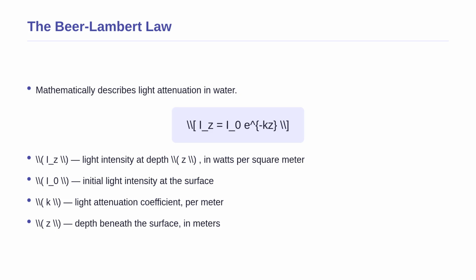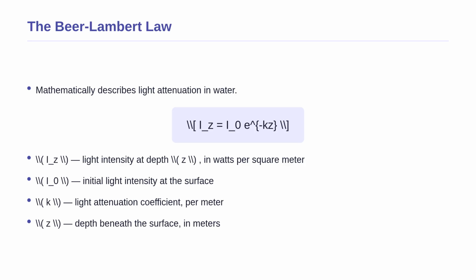This brings us to the Beer-Lambert law, which mathematically describes how light fades in the ocean. Conceptually, it shows that light drops off exponentially, not linearly. In this equation, I sub z represents the light intensity at a specific depth, measured in watts per square meter. I sub 0 is the initial light intensity right at the ocean surface.